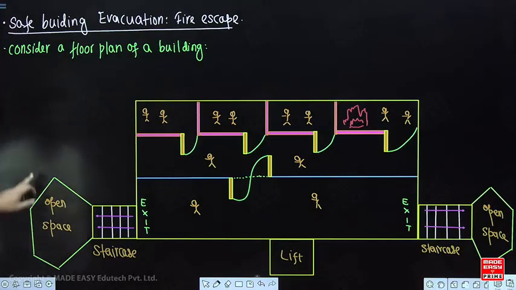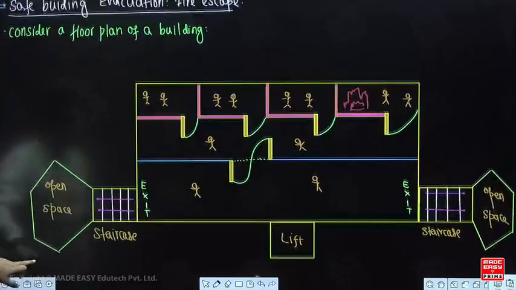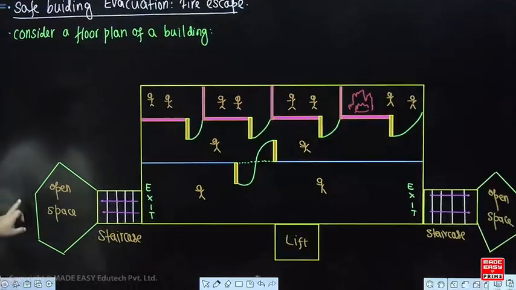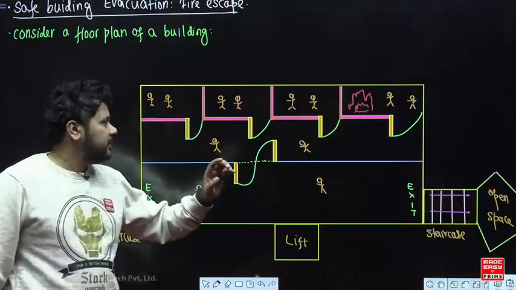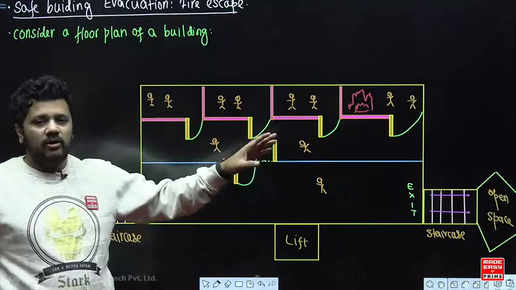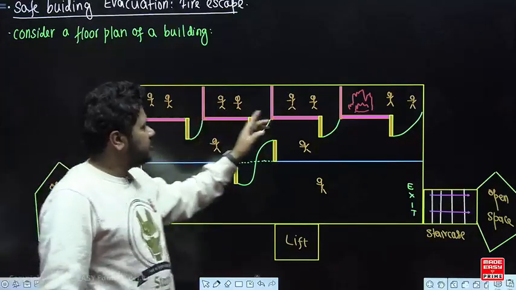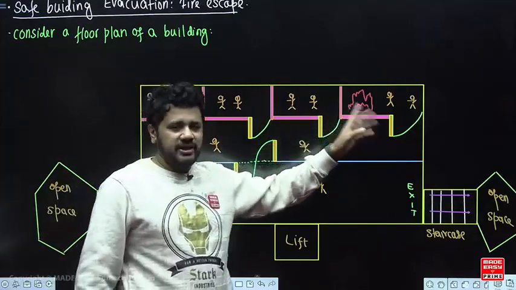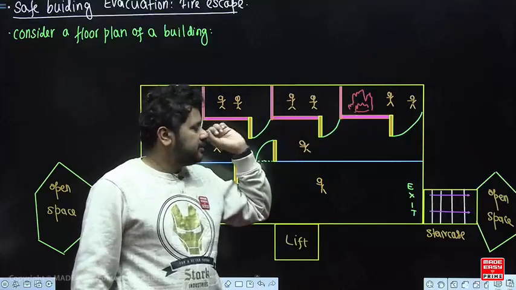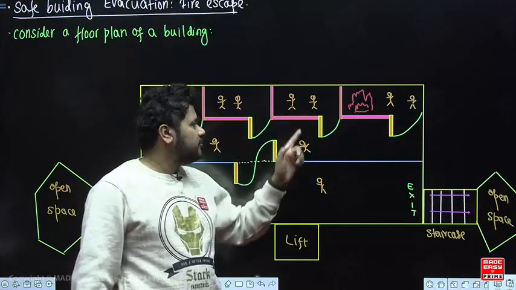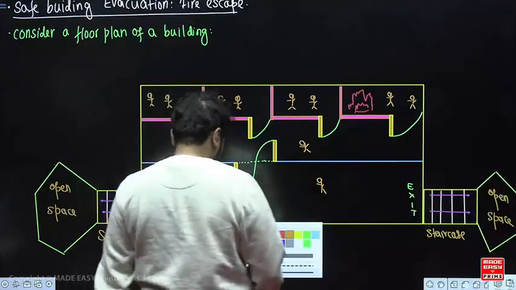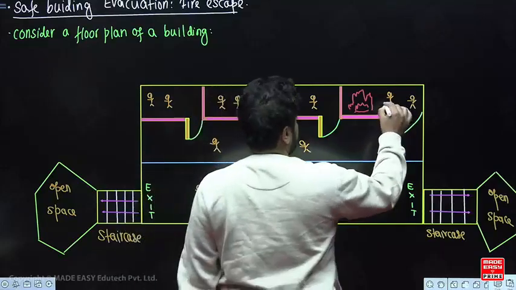Okay, now see, this is a floor plan of a building. Suppose this is one floor of the building, there are few offices or few rooms in which the worker is working. Suppose one room catches fire. If one room catches fire, what will happen? These people will run.